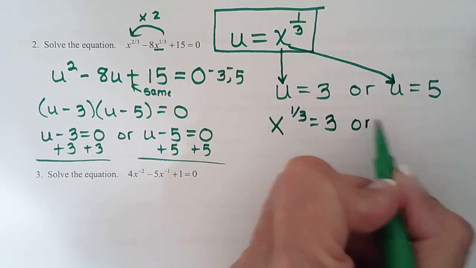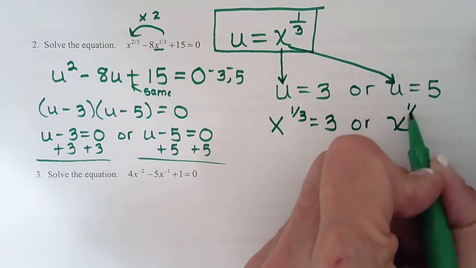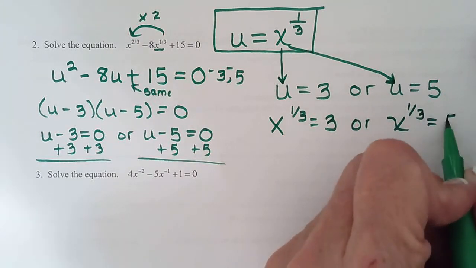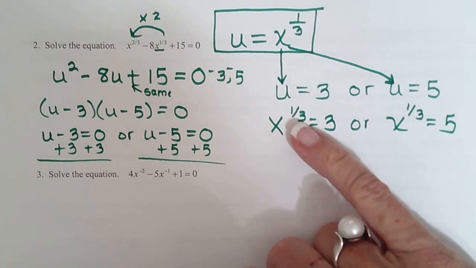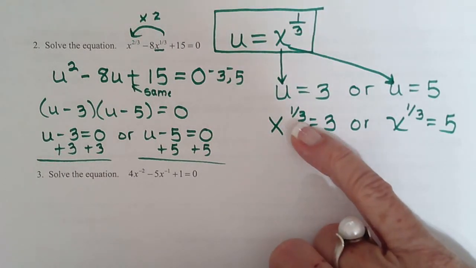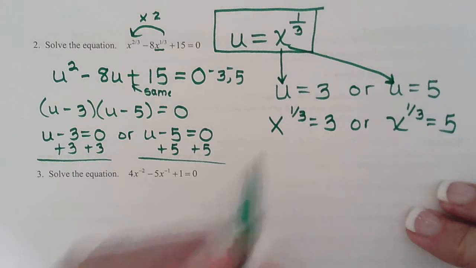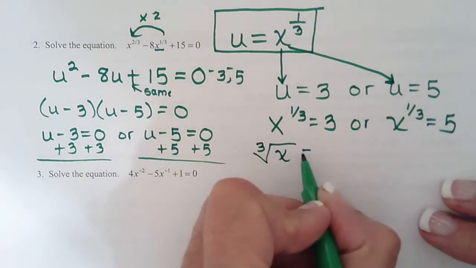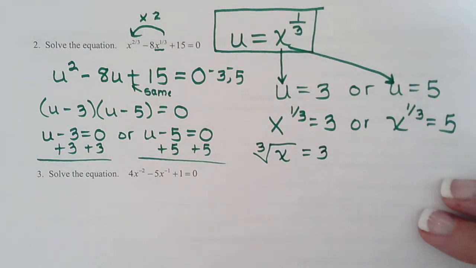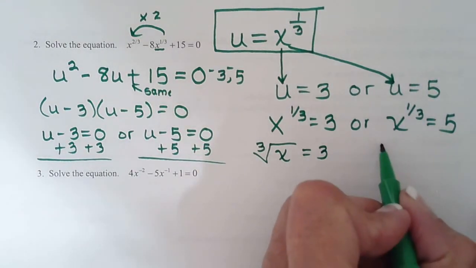And most students will look at that and go, I have no idea how to solve that. Well, you do, it's just not in familiar format. That's why I said you need to remember that 1/3 means cube root of x. And you did these on your last test.